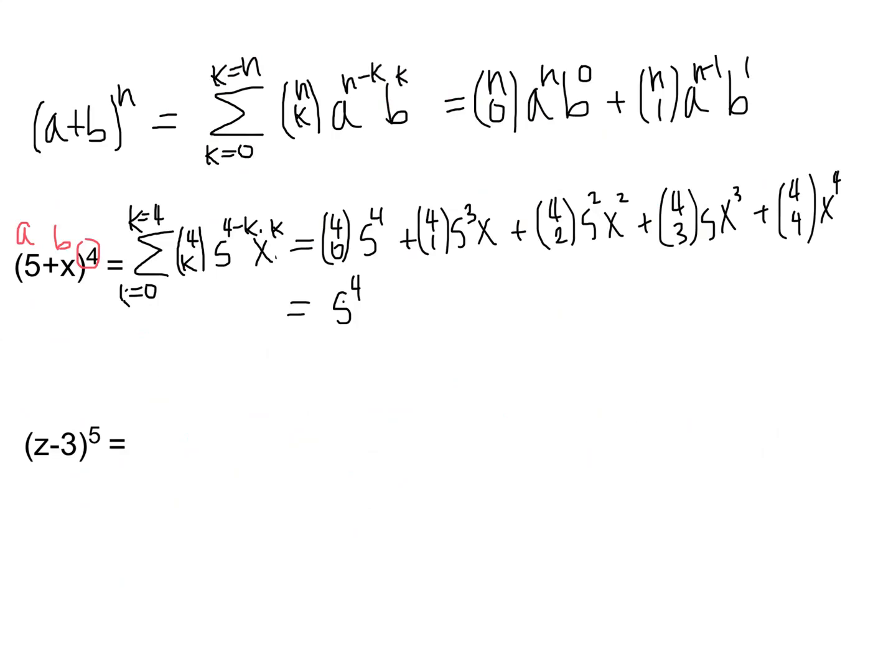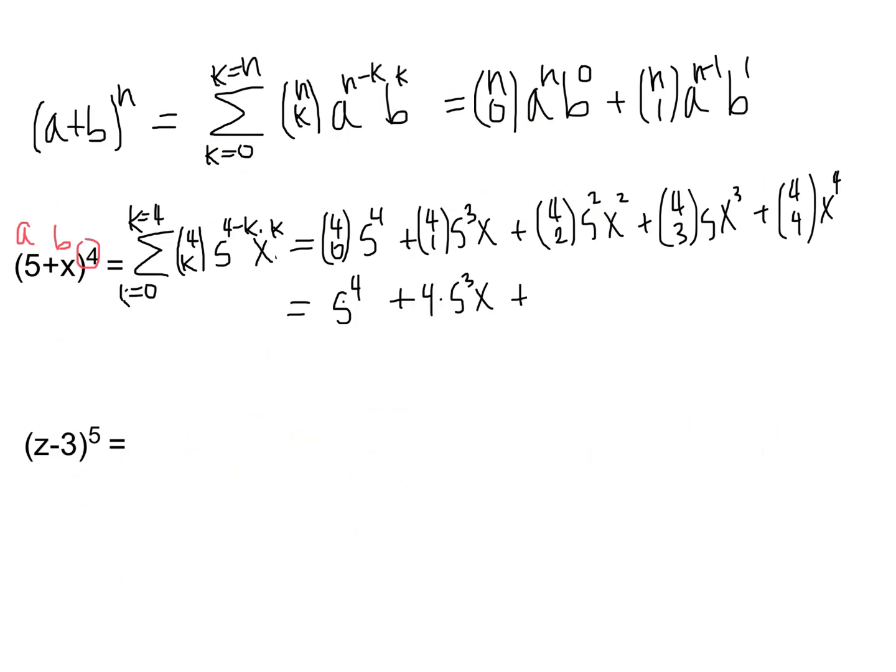Okay, so 4 choose 1 is going to be 4. So we have 4 times 5 to the third times x. Now you can compute 4 times 5 to the third if you want, or we can just leave it like that. 4 choose 2 is going to be 6, and we have 6 times 5 squared.